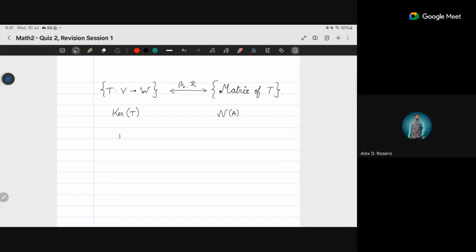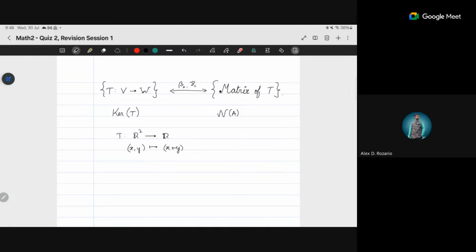Now let us take an example. Let's do R2 to R. By an earlier comment, this should always have some kernel, right? This cannot be injective, is what we had intuitively guessed. So let me take T of (x, y) equal to x plus y.